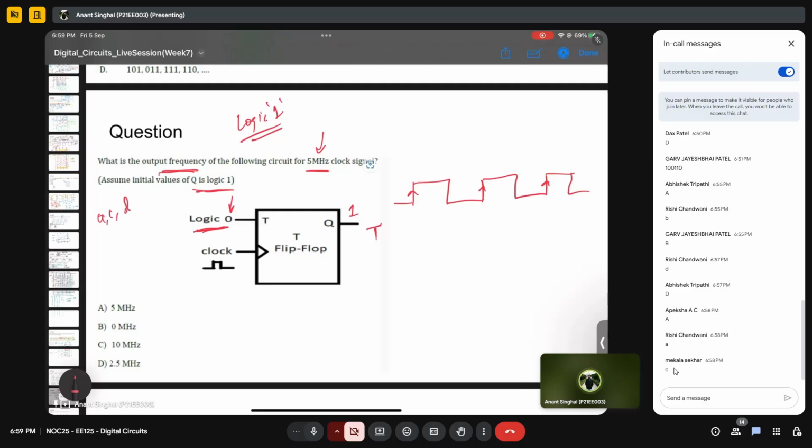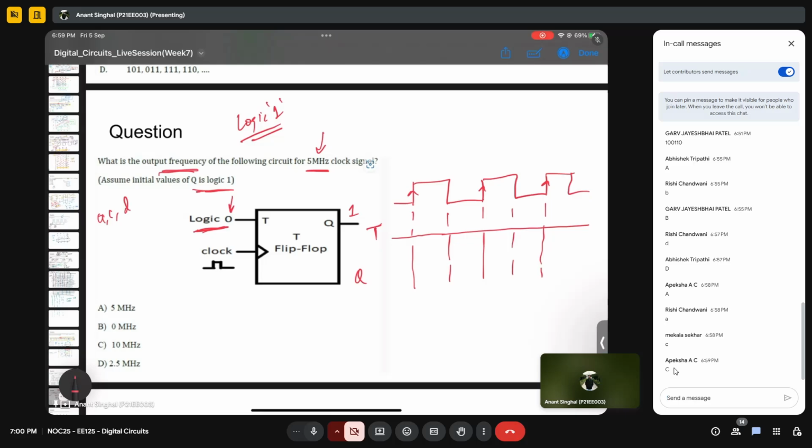So T is the input, and it's always connected to 0. Let me make a straight line. Let's say the output is Q, and it starts from 1 because the question says it is initially at 1. So at every positive edge trigger, what will Qn plus 1 be when T is 0?